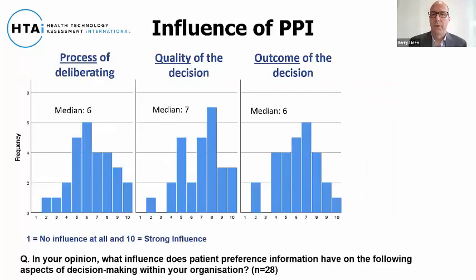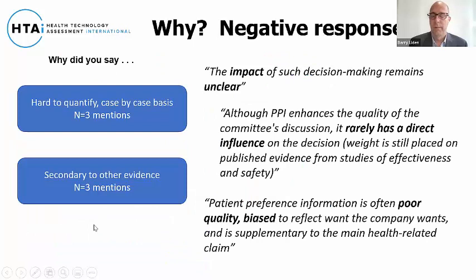When asked whether the influence of PPI was on the process, the quality, or the outcome of the decision, we were very intrigued to find that the quality of the decision was the highest scoring in terms of how much influence these respondents felt PPI could have or has had in their decision-making process. But we're also interested that there was a pretty good chunk of respondents that indicated that the outcome of the decision was influenced in some way as a result of PPI.